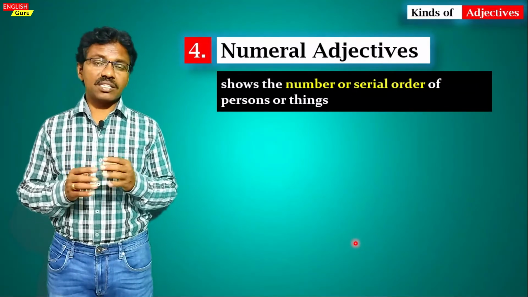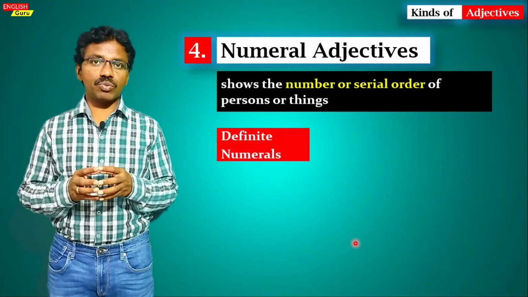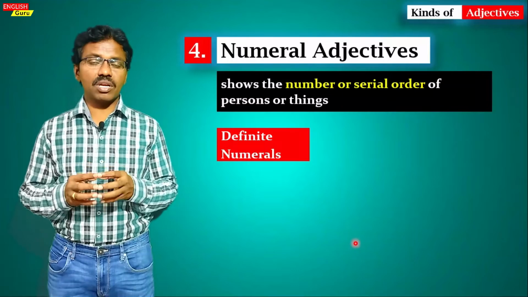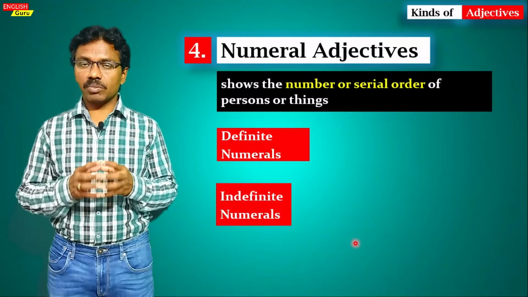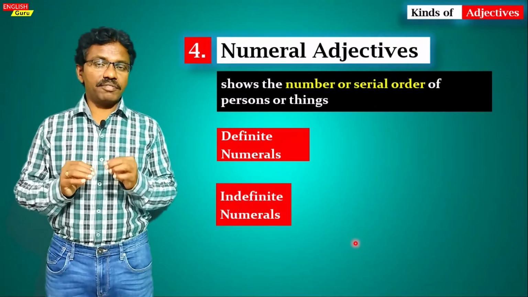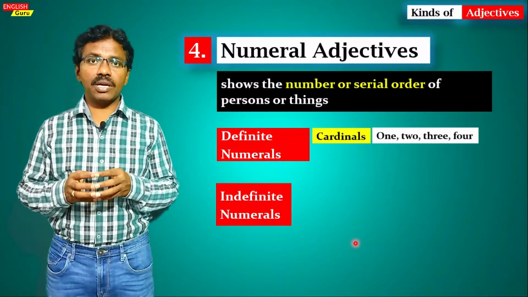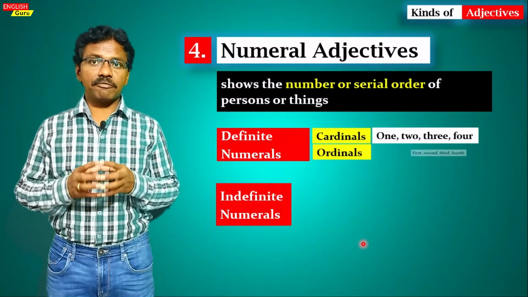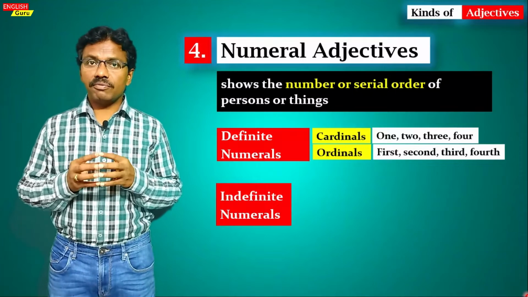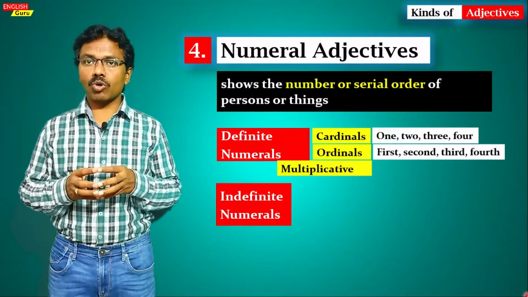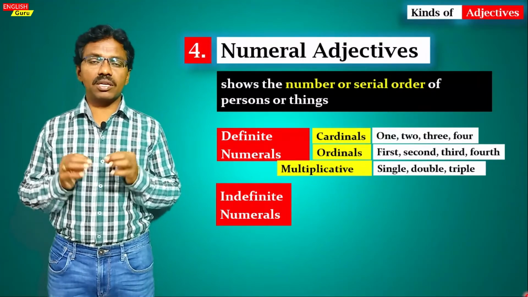And we have 2 kinds of numeral adjectives. The first one is definite numeral adjectives, and the second one is indefinite numeral adjectives. And in definite numeral adjectives, we have cardinals like 1, 2, 3, 4, and ordinals like first, second, third, fourth, and we have multiplicatives also, single, double, triple.